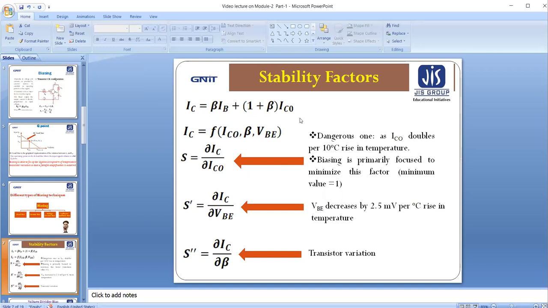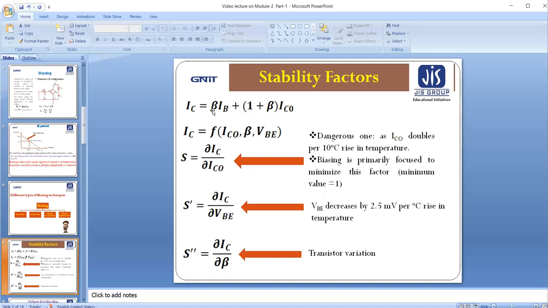We shall discuss that later. Now, from this mathematical expression, we can state that IC is a function of ICO, beta, and VBE. Why have I written VBE?